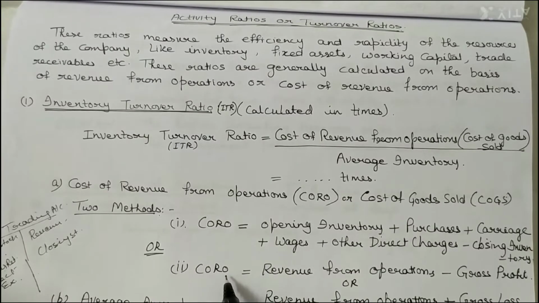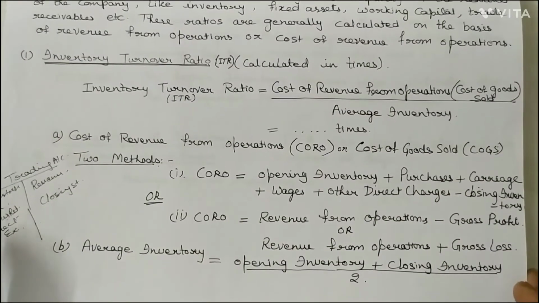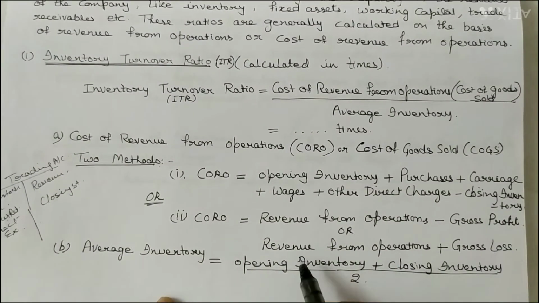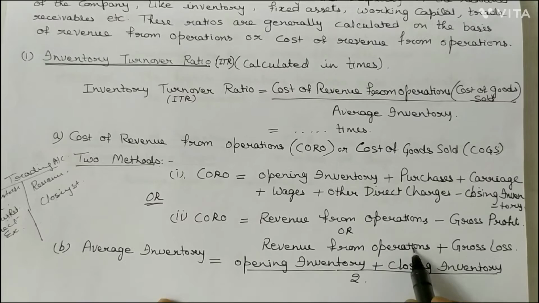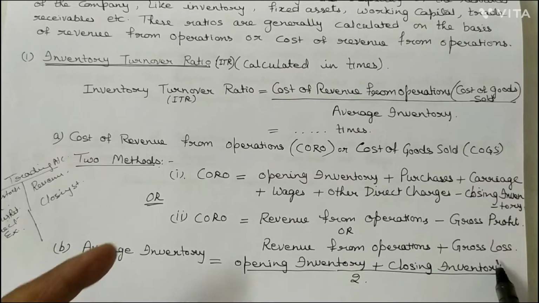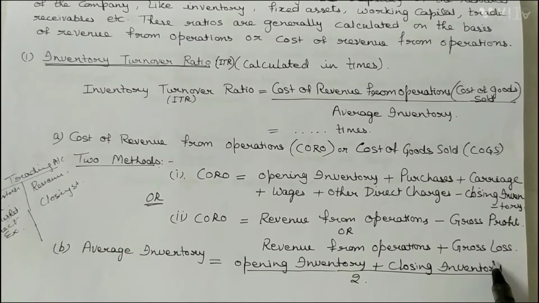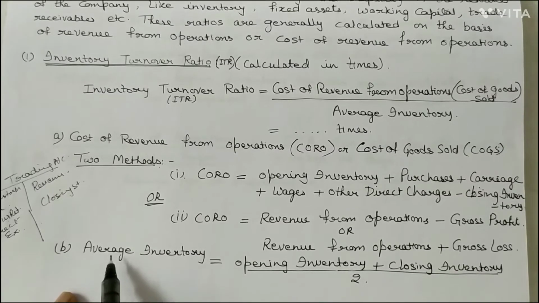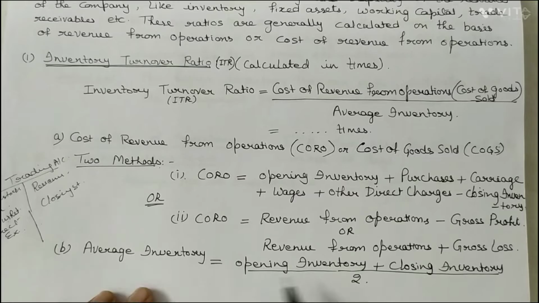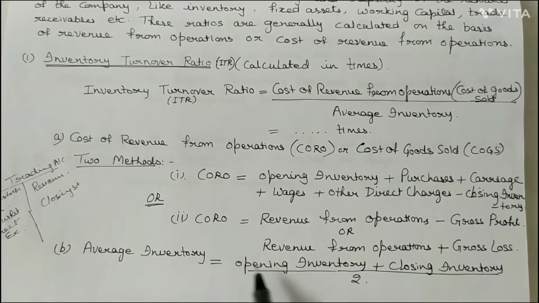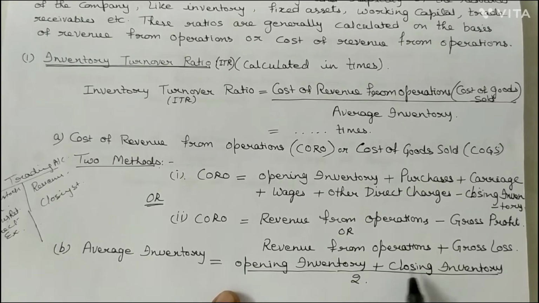If a loss is given in the question instead of profit, then revenue from operation plus gross loss is equal to cost of revenue from operation. Then you have to find out average inventory. As you know, it is opening inventory plus closing inventory divided by 2.